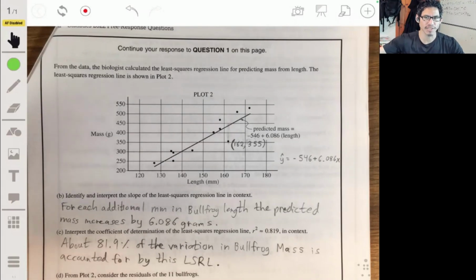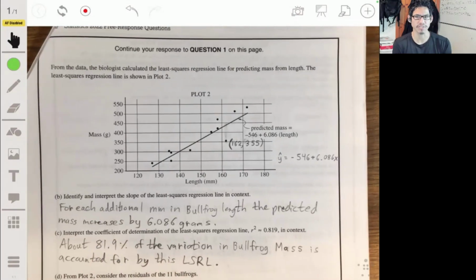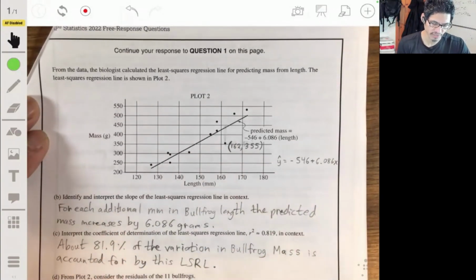Even though it's not perfect, there are going to be other things, like your genetics, maybe your nutrition, that are responsible for your wingspan, not just your height. When the percentage is high, that means it's a pretty strong relationship, or this line is pretty reliable. It's a pretty reliable line for predicting mass from length.